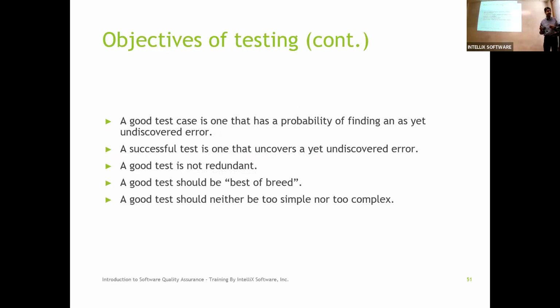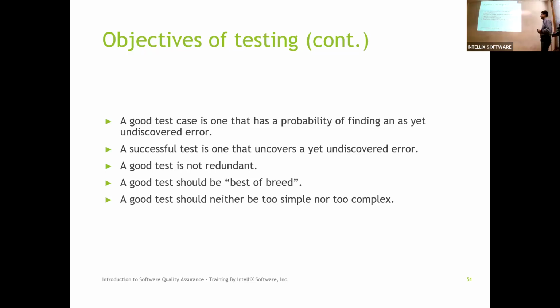That's one test case. The other test case could be I plug into the wall plug to see if the electricity is working or not. So I may be doing multiple test cases in order to test whether the electrical system is working or not. Same thing in the software world, you will do multiple test cases in order to test the various aspects of the software.